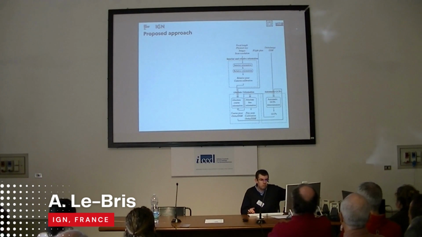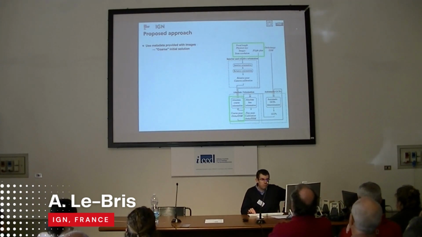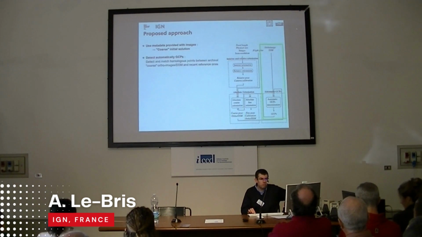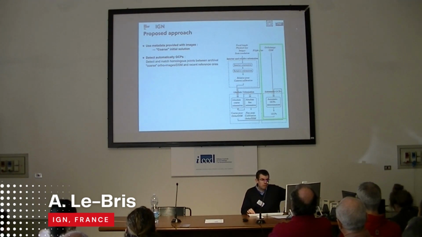image orientation. So we developed this approach using the metadata provided with images. We calculated a first absolute coarse orientation of images. From this we derived the DSM and a first ortho image, a coarse DSM and coarse ortho image, and then using this coarse initial solution, we automatically detect ground control points using a recent ortho image and DSM.